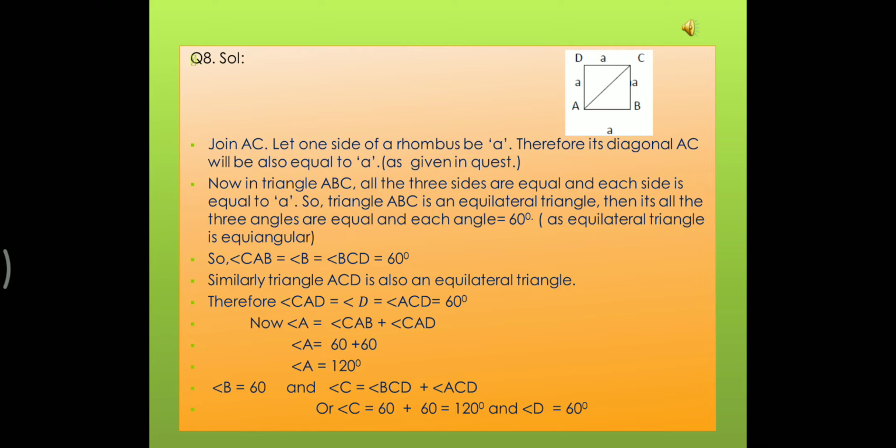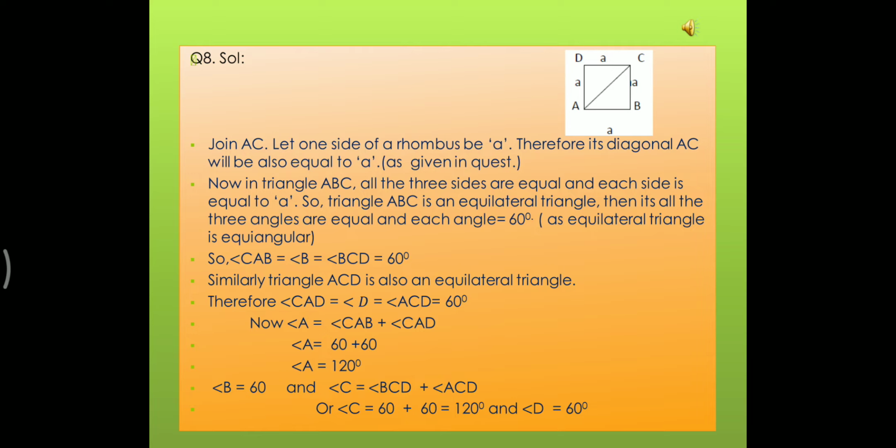Now we will focus on triangle ABC. We find that each side of triangle is equal and each side is equal to A. We know it very well when all the three sides of a triangle are equal, that triangle is an equilateral triangle. So here triangle ABC is also an equilateral triangle, as all the three sides are equal.